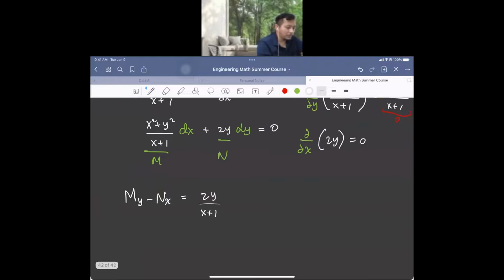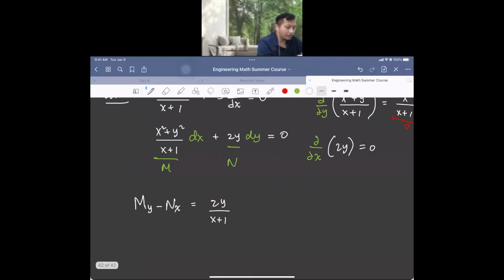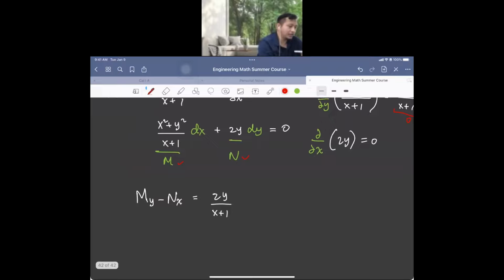Now compare with M and N. How do we decide which one we are going to divide with? We can divide with M or we can divide with N.